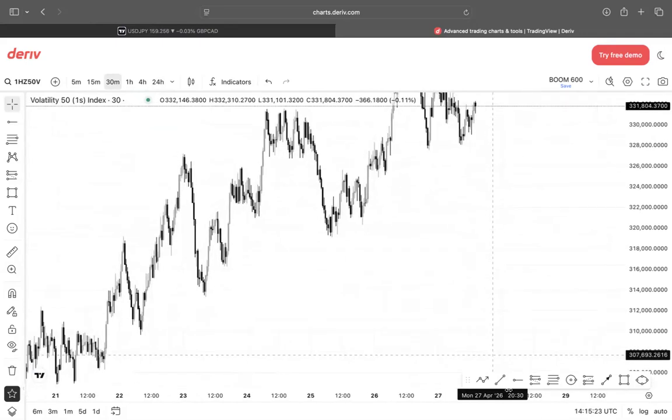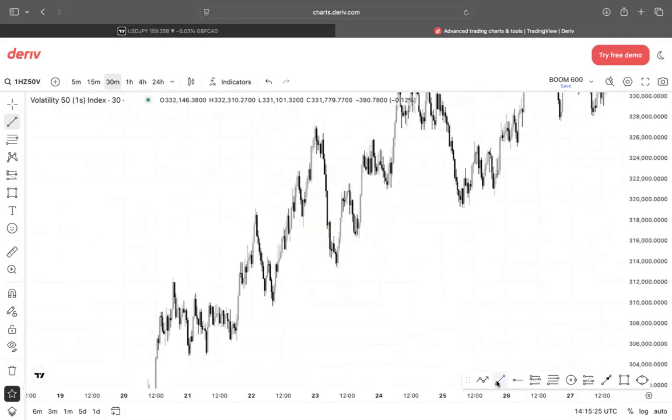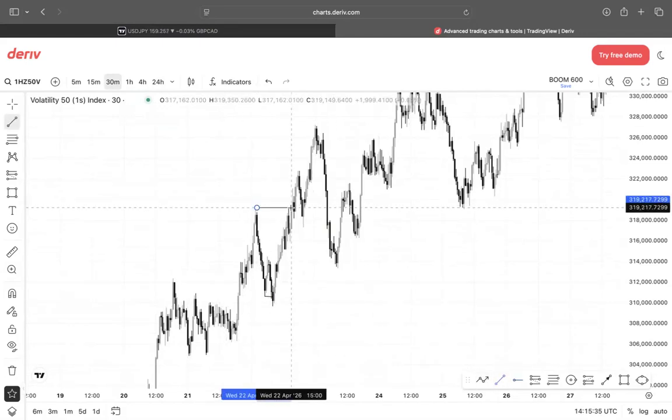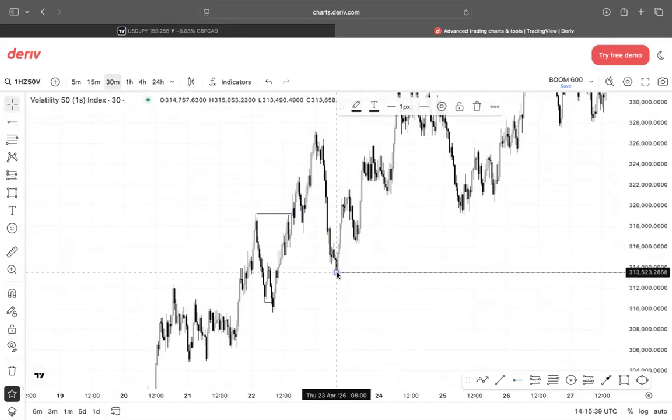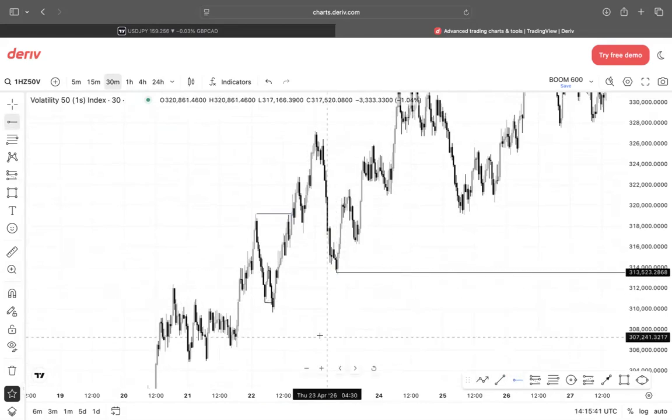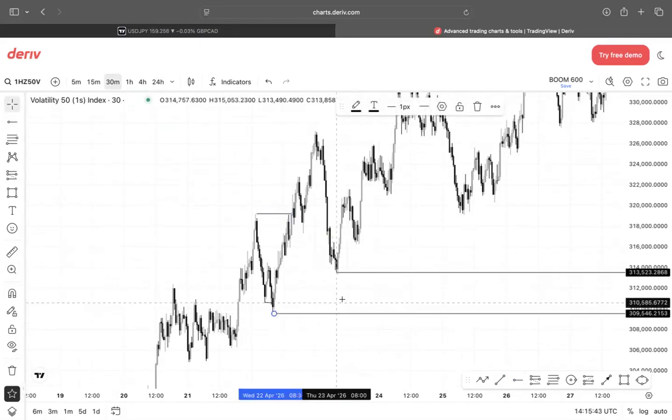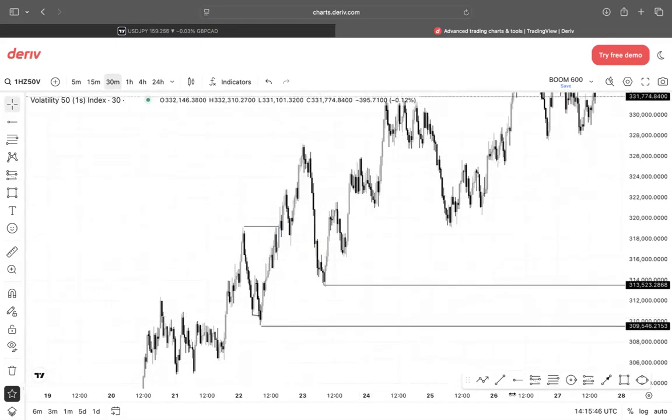Easy peasy. We have an entry here, a sweep of liquidity, now a break of structure, which makes it a type A, and then structural liquidity, and then price broke structure, basically.